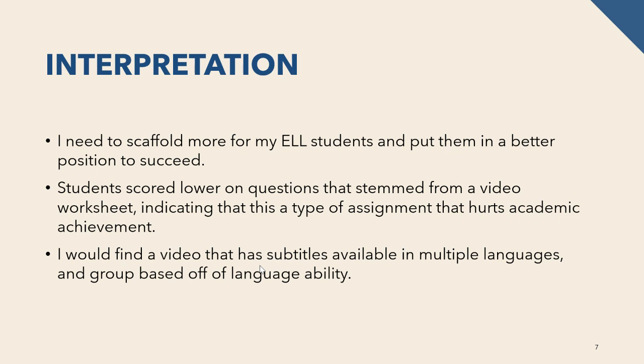I realized when I went back that this video did not have subtitles available in multiple languages, which could help explain A, lower scores for English language learners, and B, the lower score for a video worksheet, because if nearly half the class is at an inherent disadvantage from the beginning, that question is not going to A, accurately represent what they know, and B, is going to hurt the data.